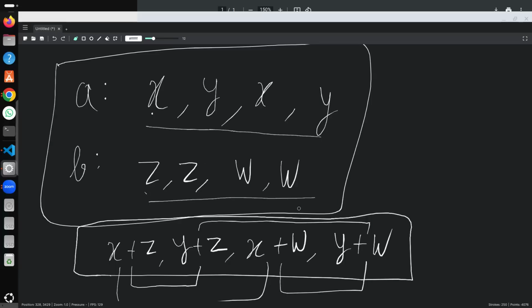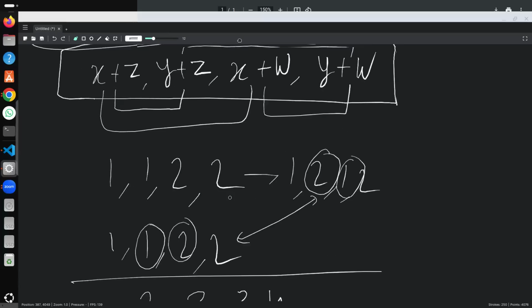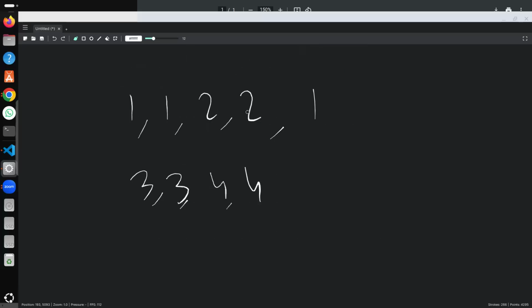That's my point. For example, if we have something like 1, 1, 2, 2, and 1, and we have 3, 3, 4, 4, and 4, then these 1 and 4 are extra, so we don't care about them. We'll just rearrange this 1, 1, 2, 2 to 1, 2, 1, 2.